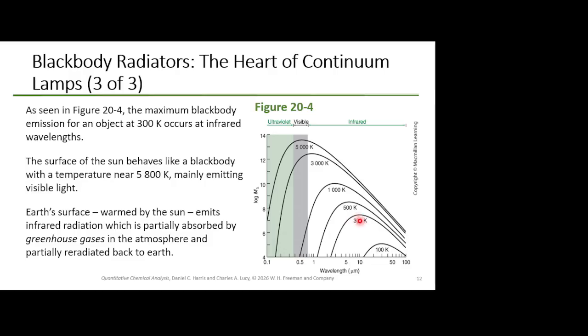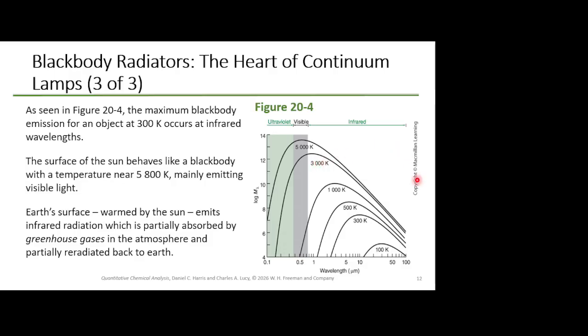Because what sort of temperatures do we see on Earth? About 300K, right? We don't see 3000K, do we? If we were 3000K, then the majority of our radiation would be in the visible, the majority of the energy being re-radiated back out.